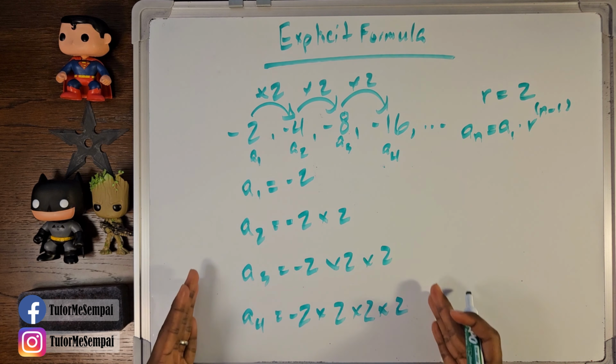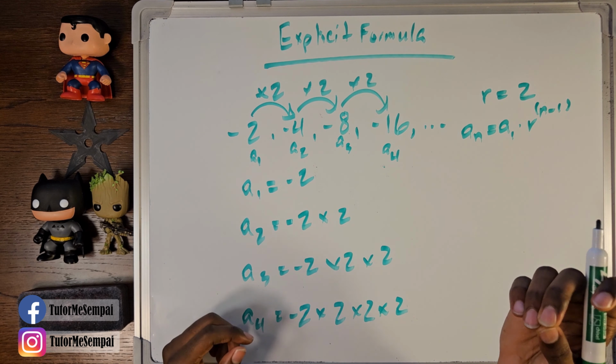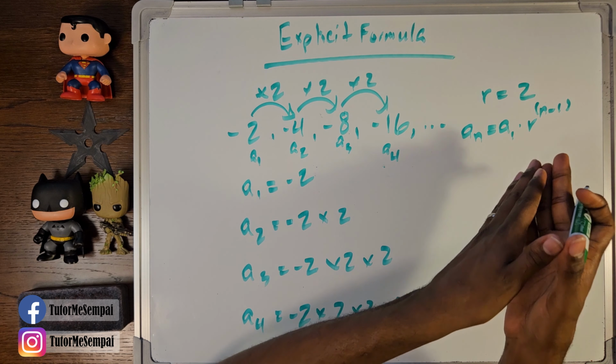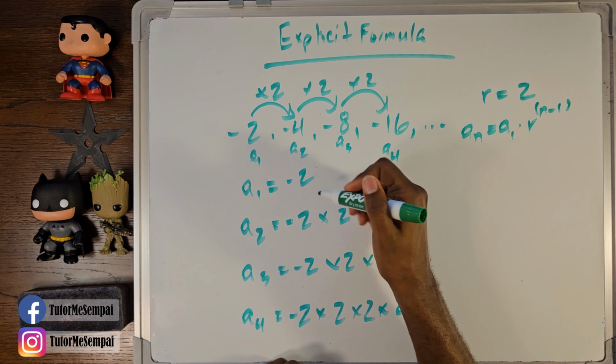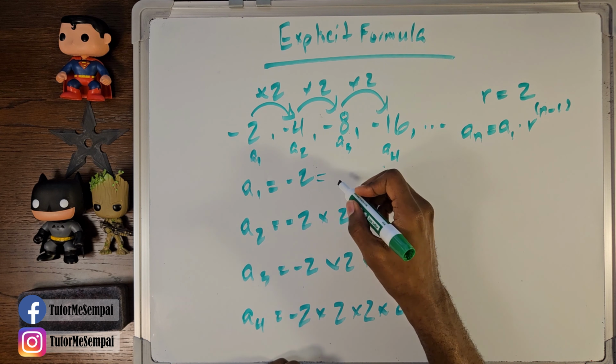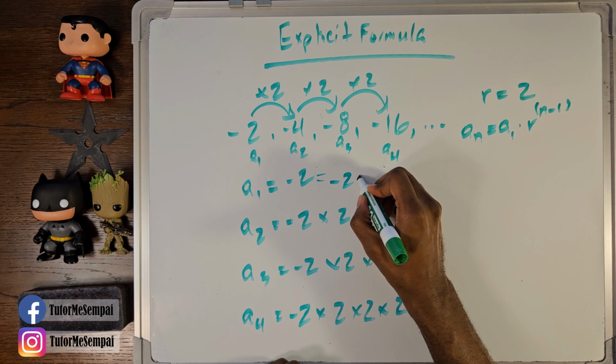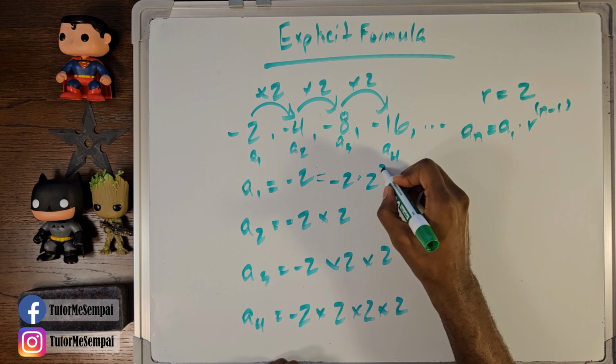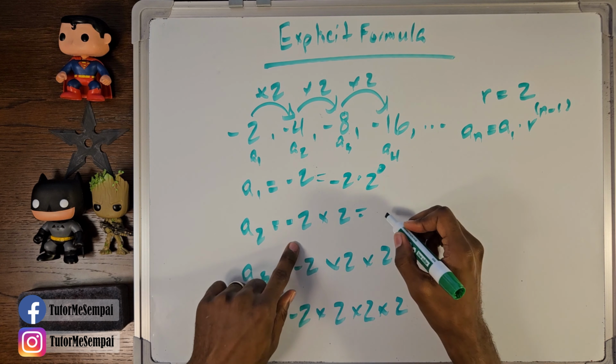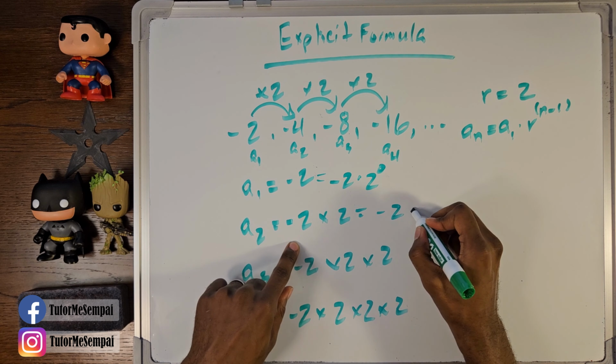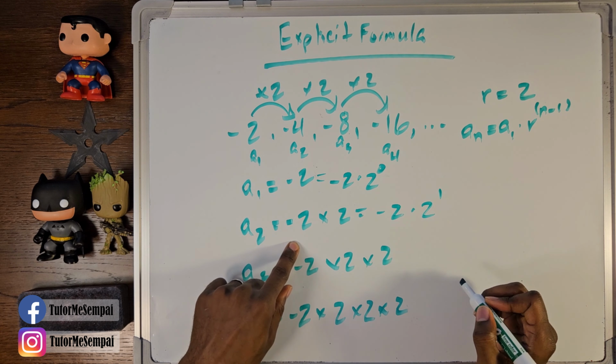So now that we have it written like this, let's rewrite this in a way that is going to give us something like this. We can write this -2 as -2 times 2 to the 0 power. We can write this as -2 times 2 to the first power.